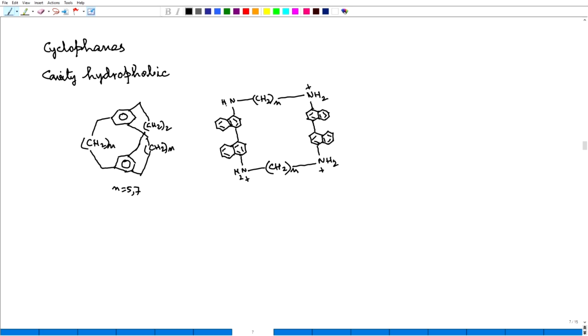In that situation, it will be soluble in water or aqueous solvents.